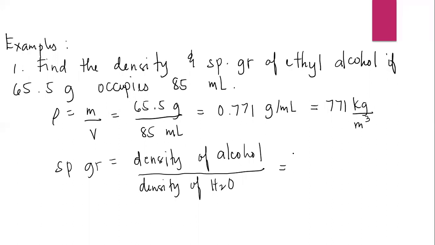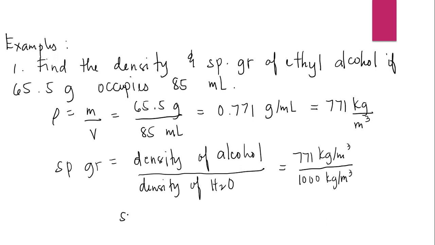Okay, we have 771 kilogram per cubic meter, and then the constant value for the density of water is 1,000 kilogram per cubic meter.